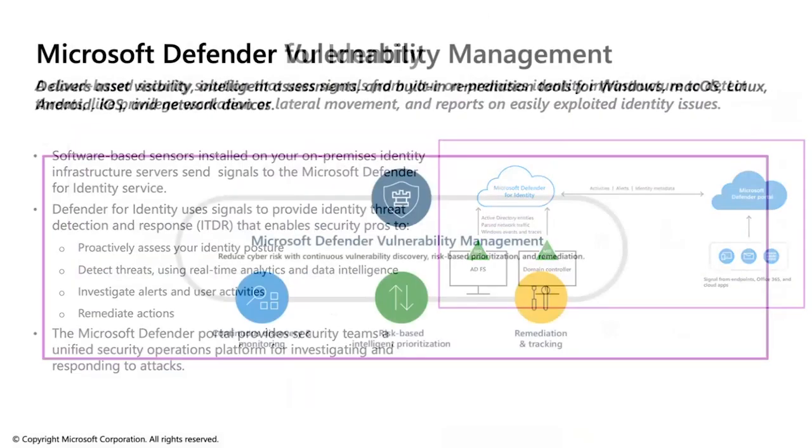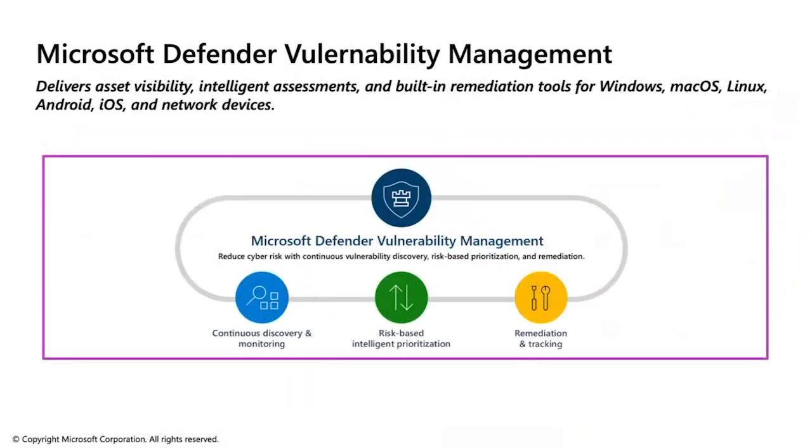Now moving to the next, we have Microsoft Defender Vulnerability Management. Basically, this is part of Microsoft Defender for Endpoint, where when you onboard devices like Windows, macOS, Linux, Android, iOS, and other devices, this will provide information about what kind of vulnerabilities we have on those devices, how we can prevent these vulnerabilities, and how we can deploy different kinds of patches to resolve them.